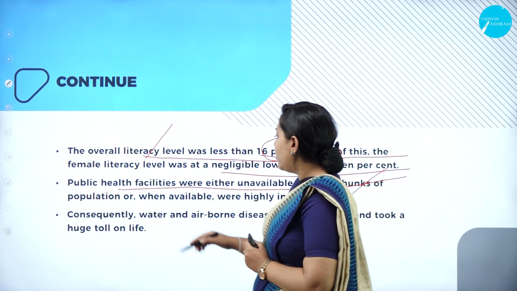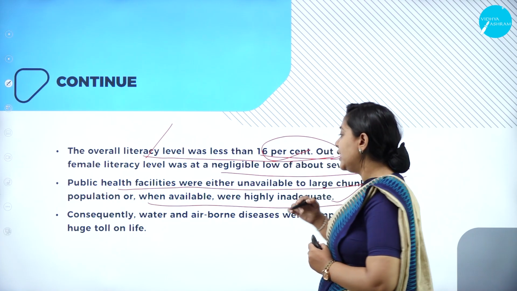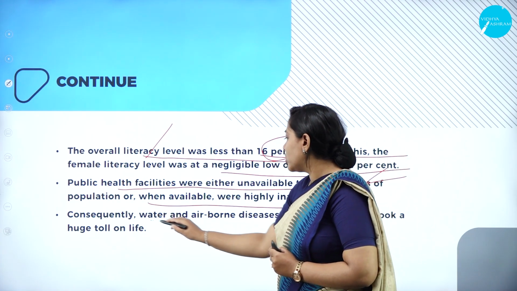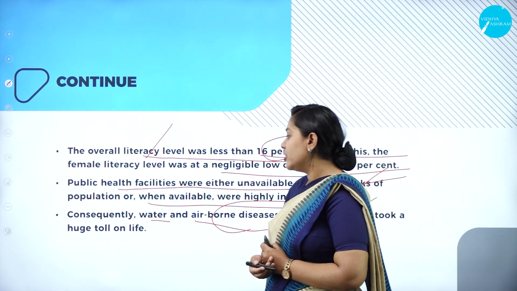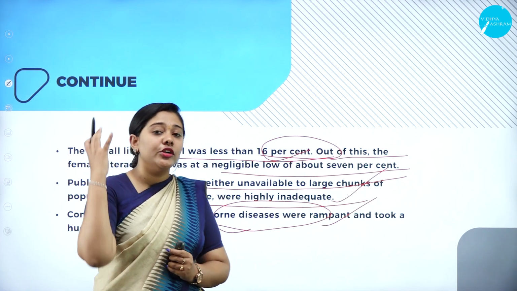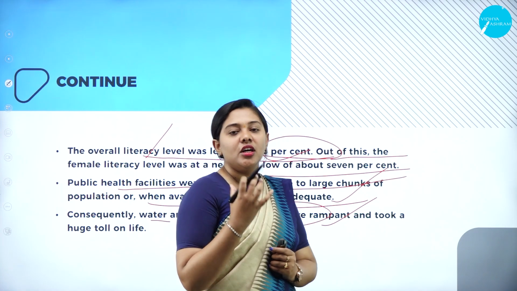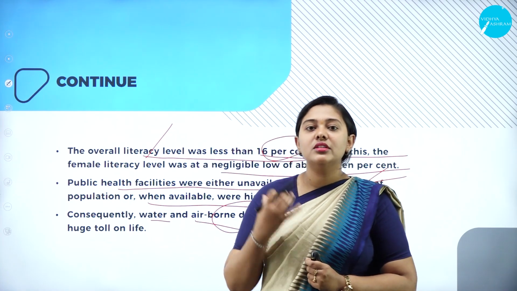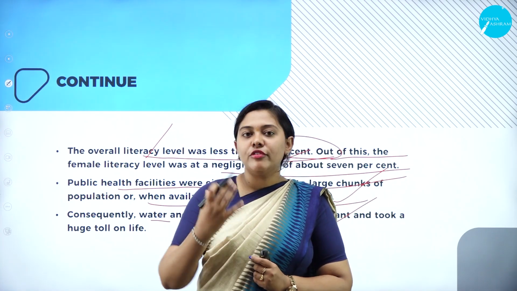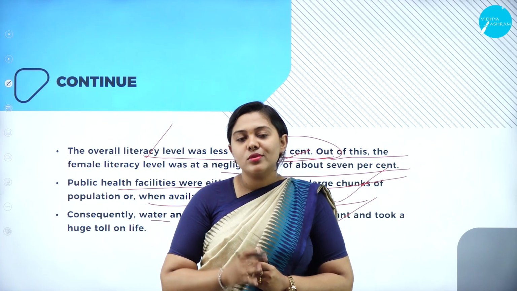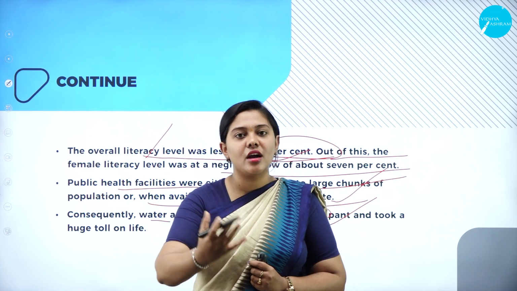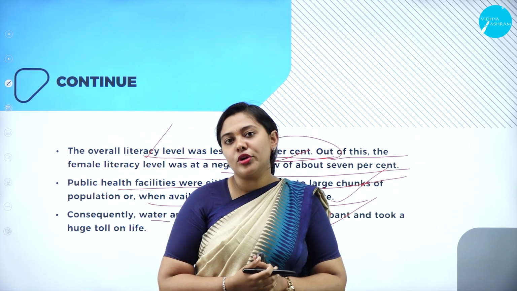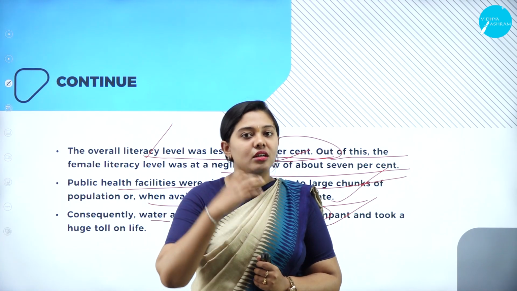Where available, they were highly inadequate for large chunks of the population. With no water, airborne diseases were rampant and took a huge toll on life. During that period, there were droughts, airborne diseases, all this. When people used to get a disease, they were put out of the house and the person used to die in the backyard itself. That was the situation in our country earlier.